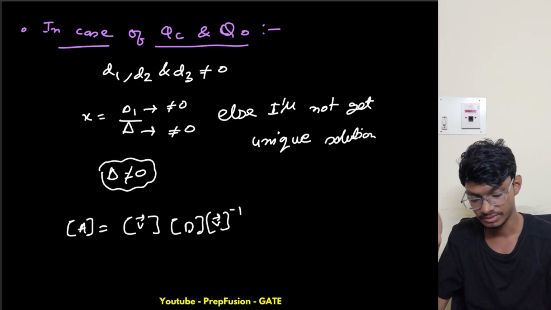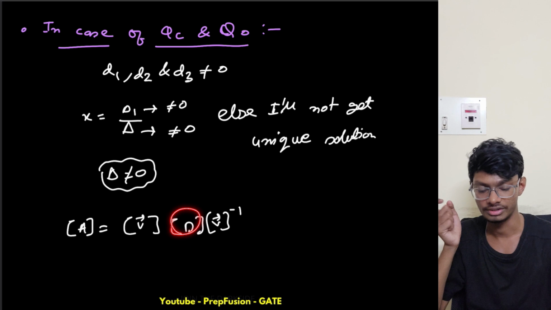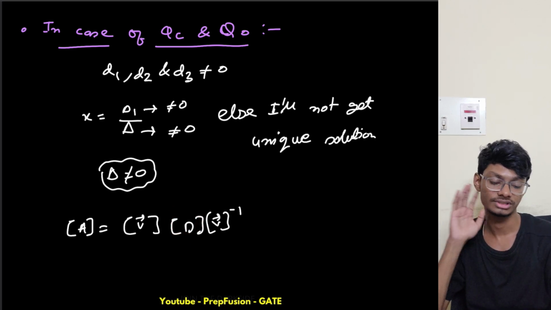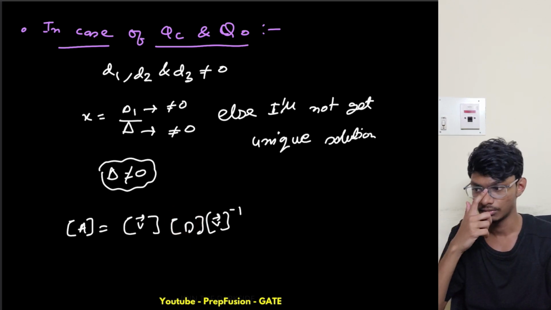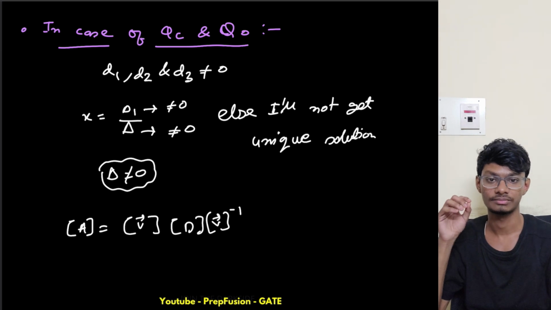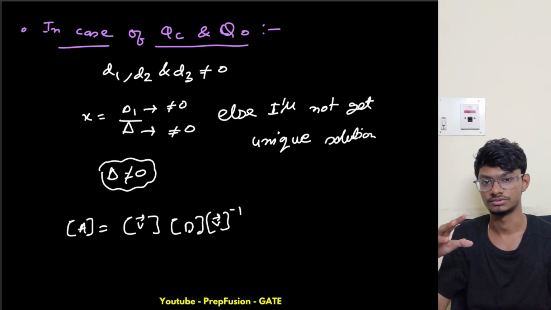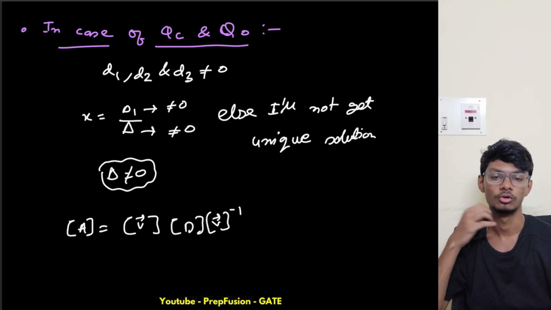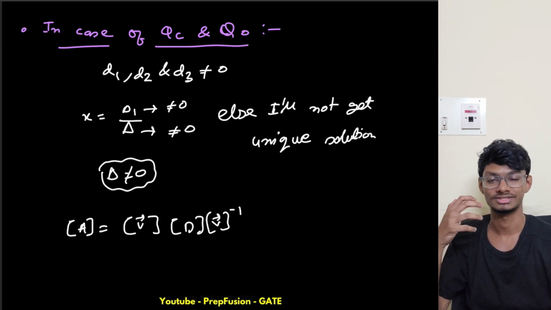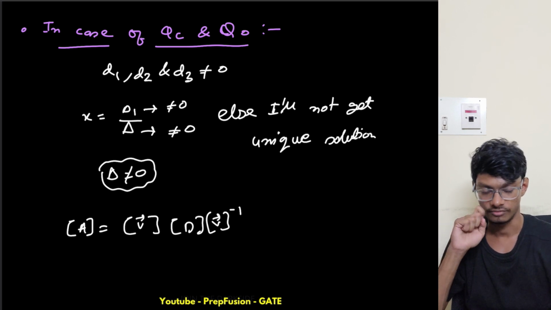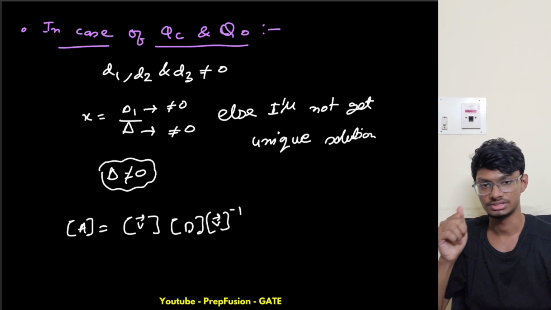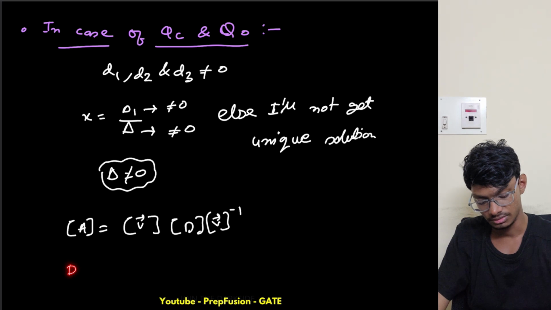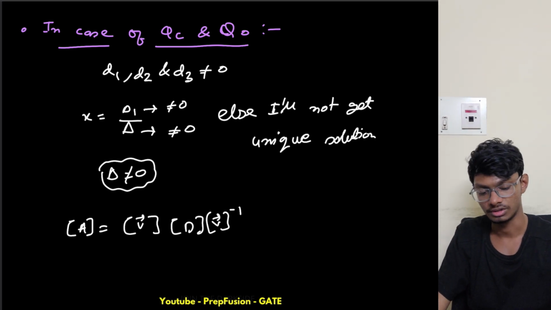Now how can I find this diagonalization matrix? Because we know this diagonal matrix is very important. Why? Because with the help of the diagonal matrix I can simply tell whether the system is controllable or observable from the state space representation. And I told you a few tests also, Gilbert's test, right? So from there you can identify instantly. That's why diagonalization is very important, and that's why I taught you.